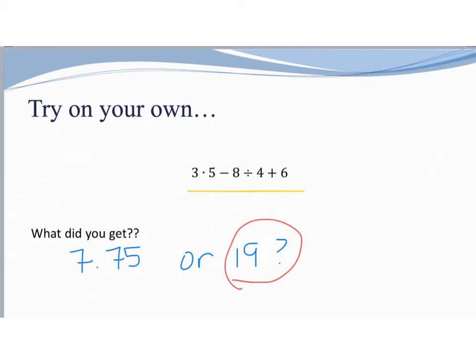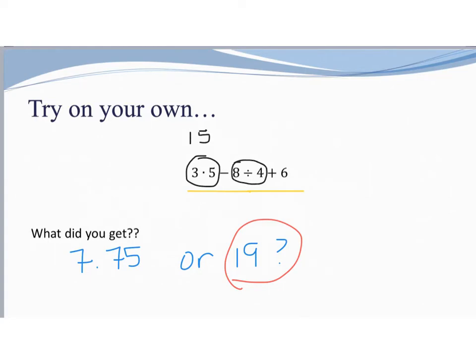Because you have to follow what we call the order of operations. Now, the order of operations, if we were to do this correctly, says that we need to do our multiplication and division portions first. So in that sense, I'm going to take 3 times 5, and this becomes 15.